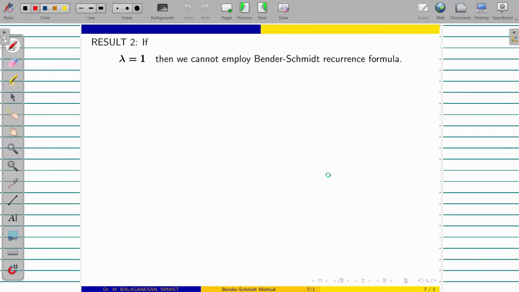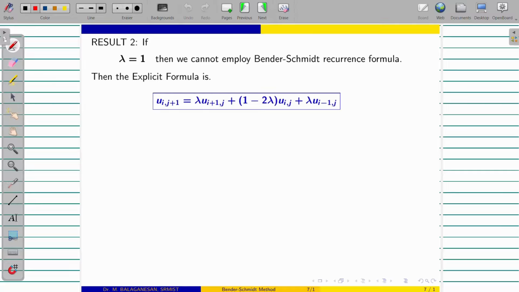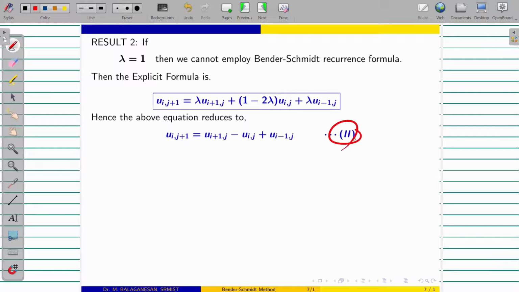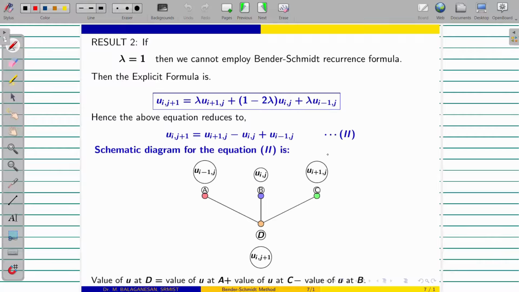Now suppose lambda equal to 1, it is not valid. It won't converge. Sometimes there is a possibility they may have such problems also. If they're asking, be ready to answer. If lambda equal to 1, if you substitute in the explicit formula, you will get equation 2. The diagrammatic representation for equation 2 will be this. Here it is not an average of 3.